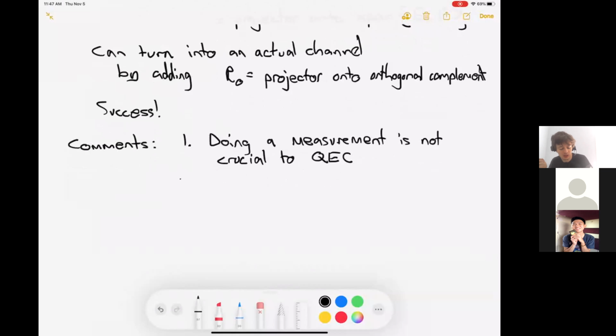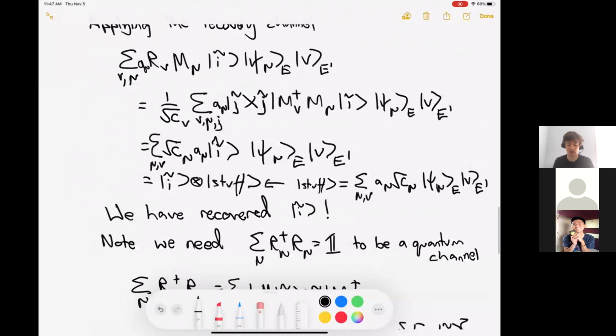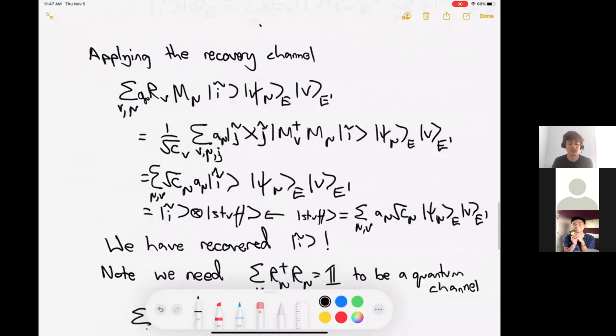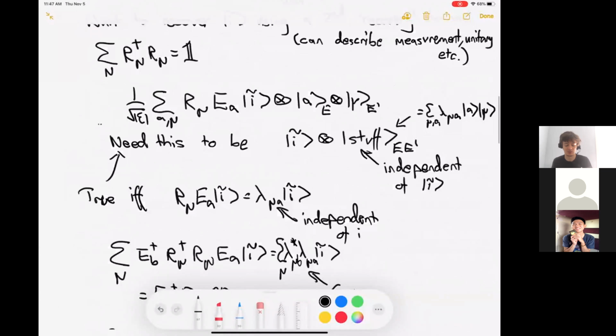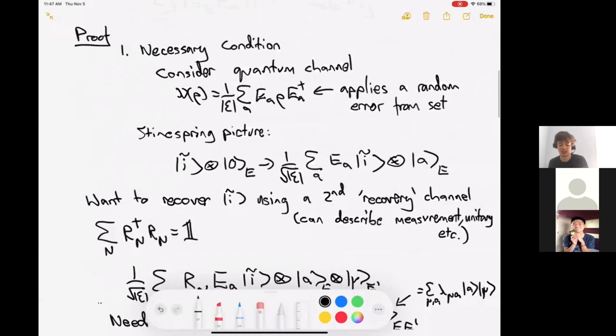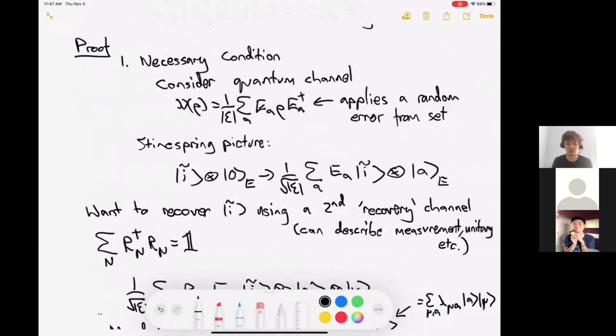What is crucial, though, is that this recovery channel can't just be a unitary, right? If our initial process has entangled our system with the environment, we have something like a superposition over A of E_A acting on I tilde, tensored with the environment being in state A. If I then just apply some unitary to the system, that can't change the fact that my system is entangled with the environment.